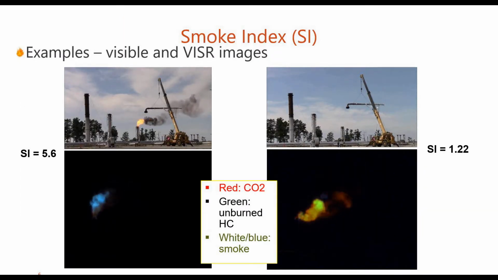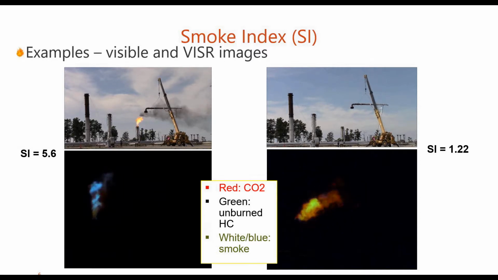Some other examples of what VISR looks like. In this case, we're focusing on smoke index. On the right side, you can see that we have no visible emissions, and so what we're seeing here is a very low smoke index.